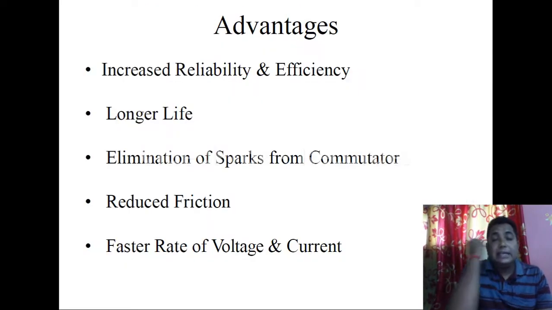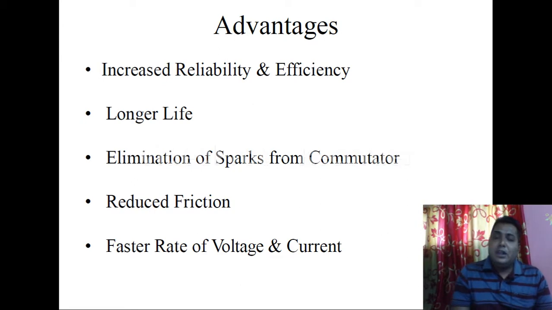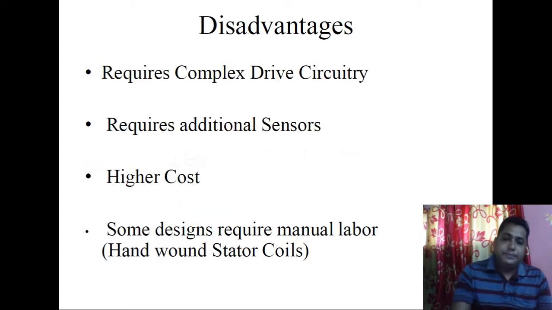Okay, so let us see what advantages we have of this BLDC. It increases reliability and efficiency, longer life, elimination of spark from the commutator due to the absence of brushes, reduced friction, faster rate of voltage and current.